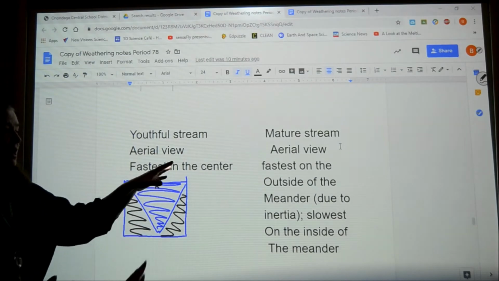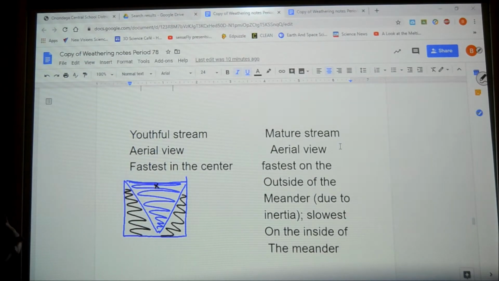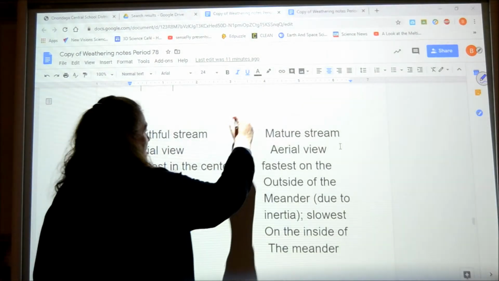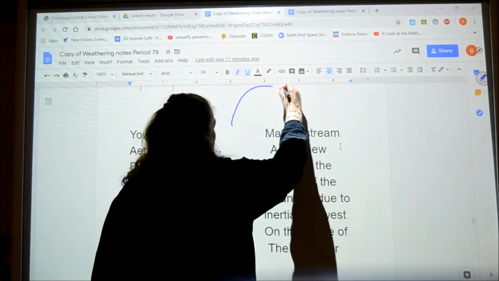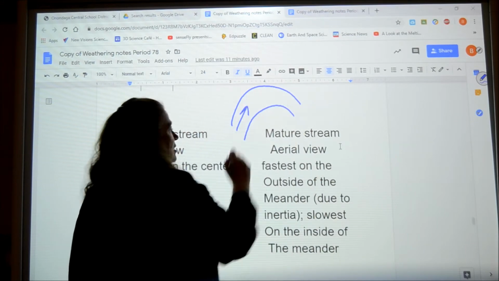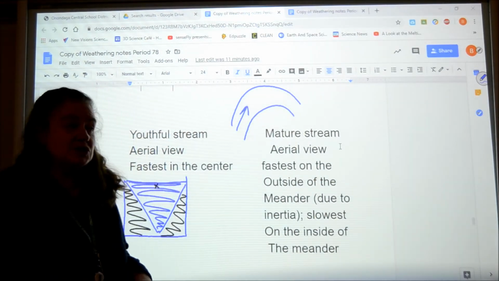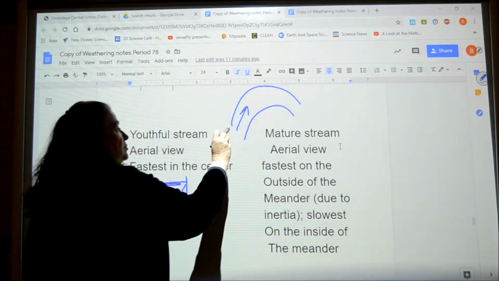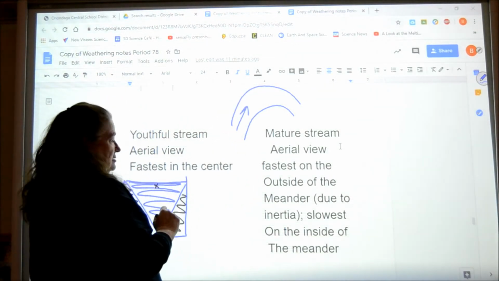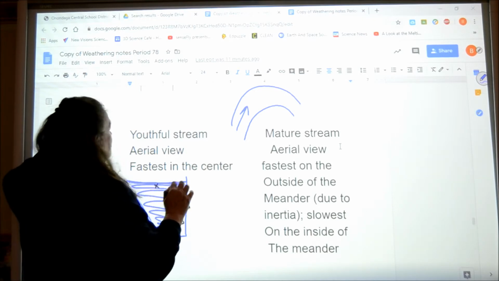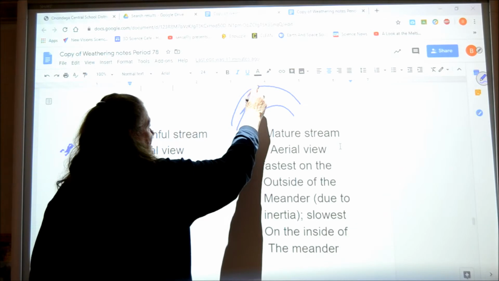If I'm looking at my mature stream, I have my meander, my curve, because of inertia. Remember, inertia is the resistance to change in motion. It wants to keep going that direction. So because of that, it actually moves the fastest on the outside.